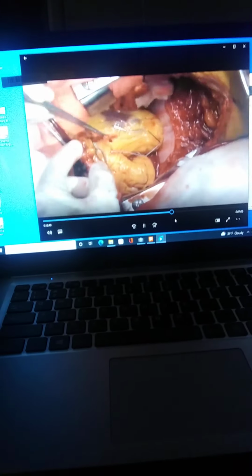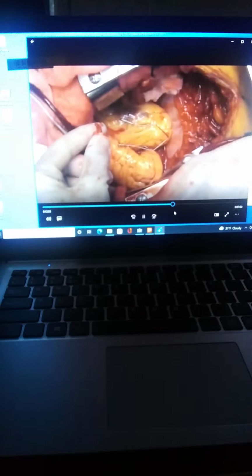As you can see, the mammary is being trimmed, and the distal end is prepared for the anastomosis.